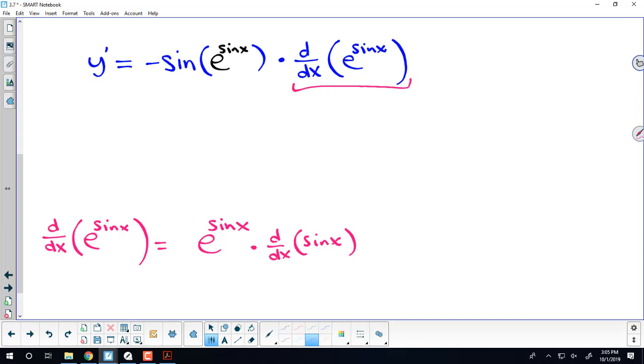So then, as we saw, it's e to the sine x times cosine x. So that has to go in place here for this thing. This is negative sine of e to the sine x multiplied by cosine x times e to the sine x.